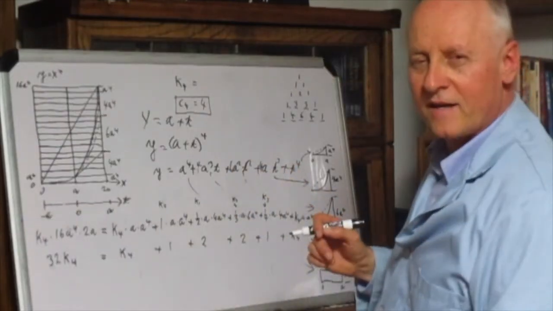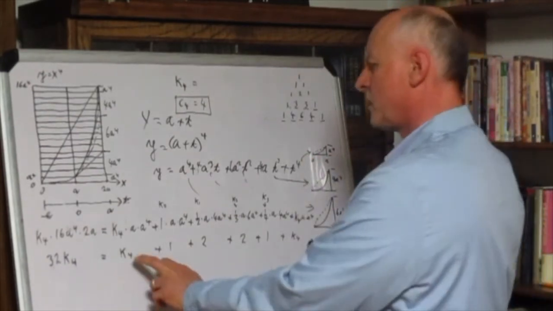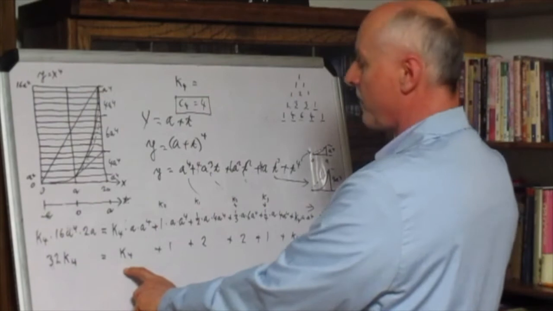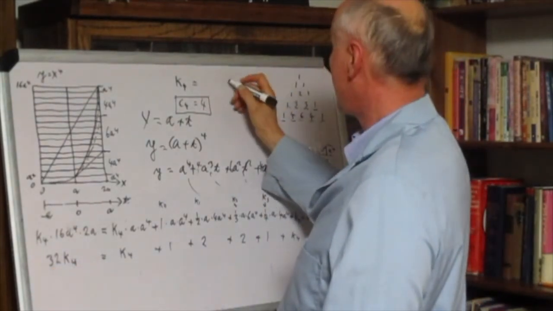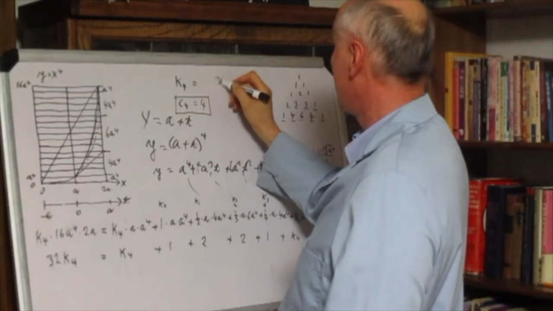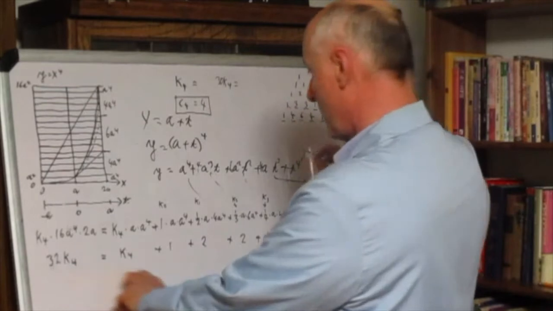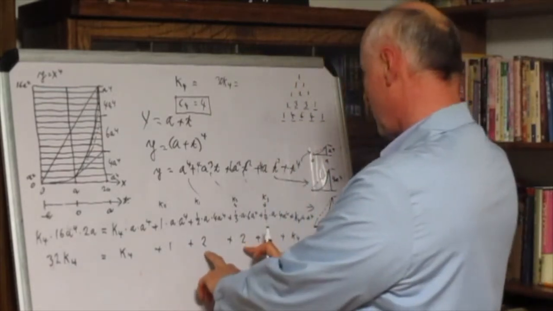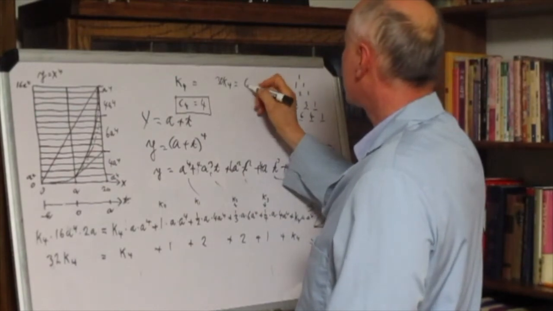Okay, welcome back. Hope you paused the video. So we're going to solve this. 32, and there's 2 K4, so that means 30 K4, right? 30 K4 equals, well, that's 4, 6. Okay, 6.